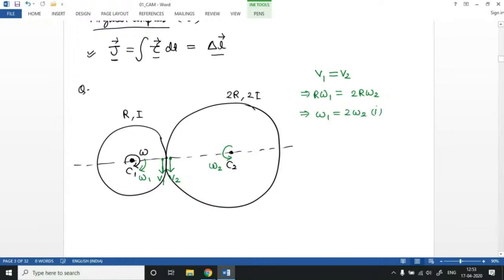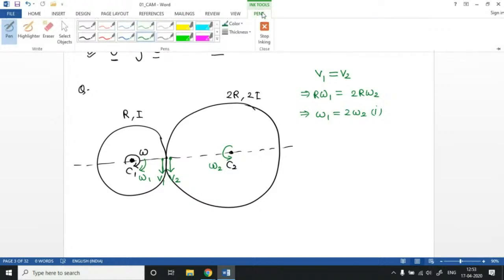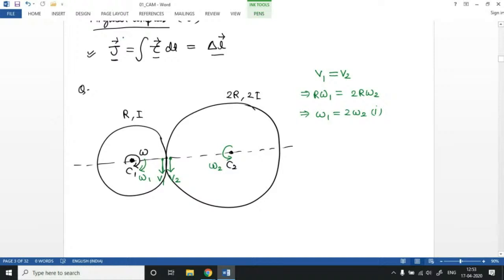We have the relationship between omega 1 and omega 2, but we need one more equation in order to find out the value of omega 1 and omega 2, and that we will do by using the angular impulse momentum theorem. Say this point here is moving downward.